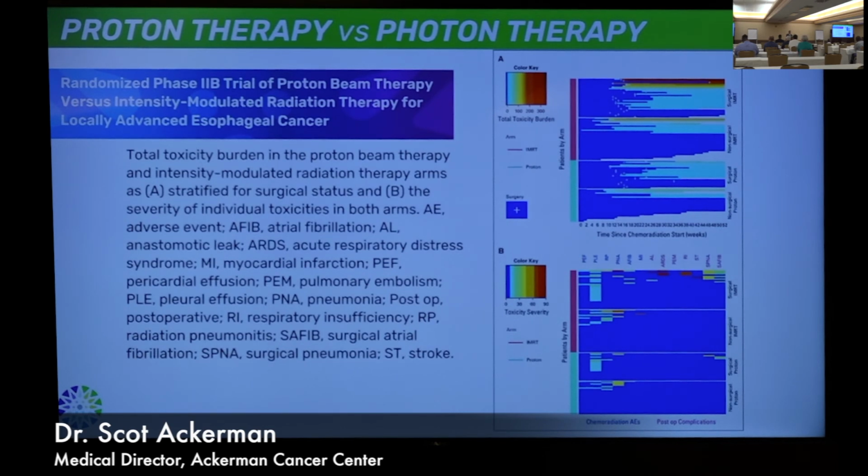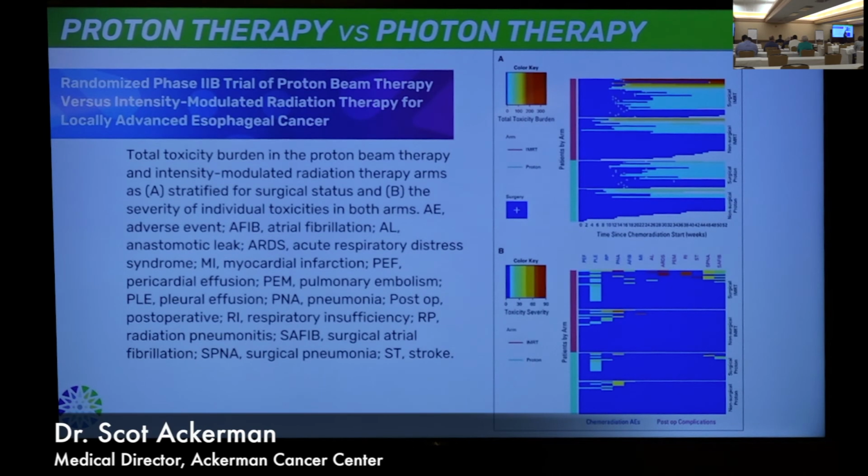I thought this was a really cool table, and let me explain it. The hotter the color, the worse the toxicity. The cooler the color, the less the toxicity. So let me go over here to the left now, and I'll show you. The upper lines are all patients that are getting chemoradiation for their esophageal cancer.